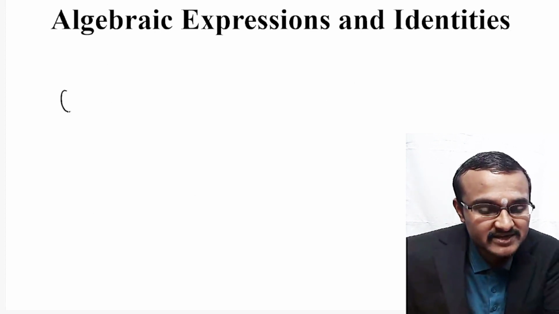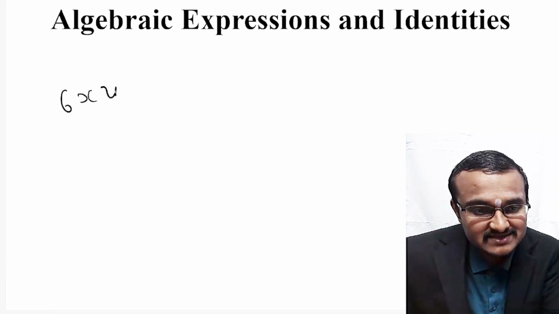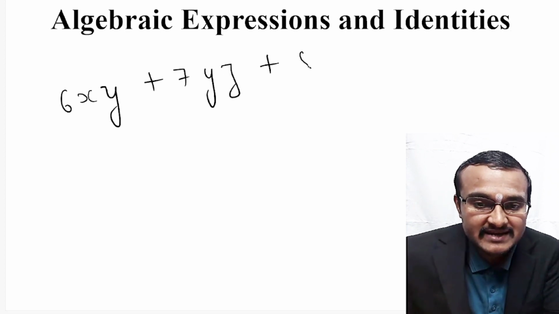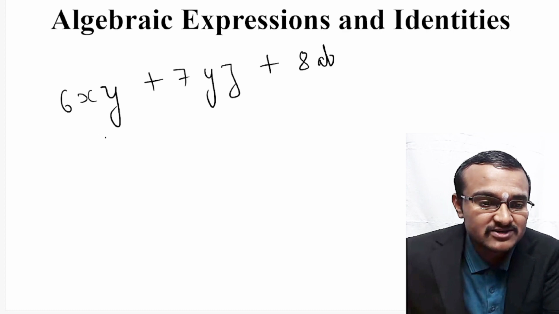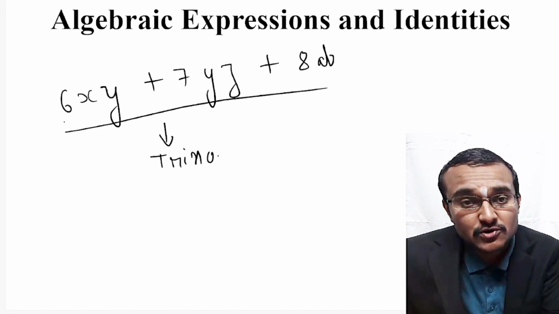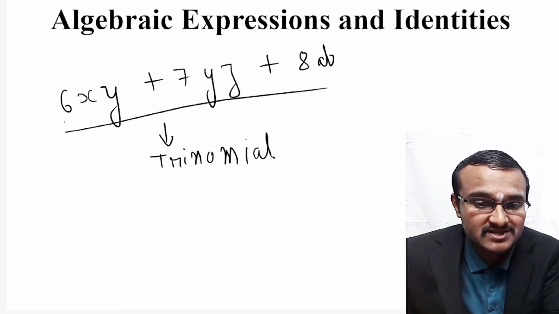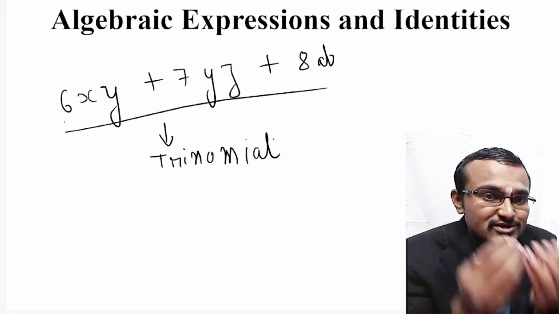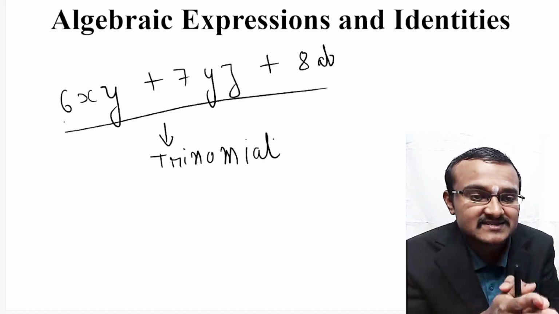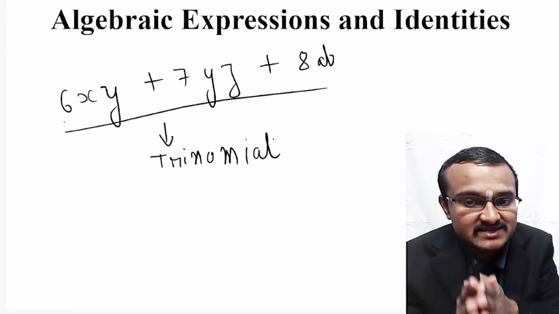For example, if I give another example like 6xy plus 7yz plus 8ab, this algebraic expression is known as a trinomial. This can also be known as a polynomial because it has more than two terms in it. Here you can clearly see 6 has xy, 7 has yz, 8 has ab.